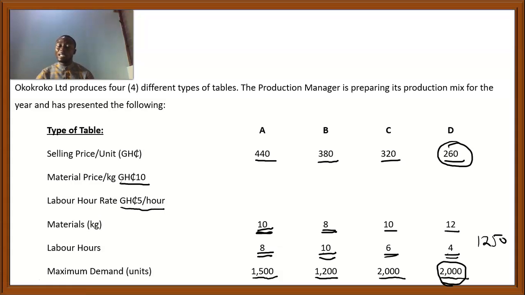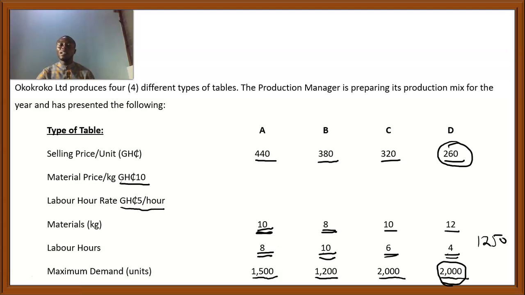That offer should be accepted or not by comparing the selling price to the variable cost. Okay, we have the selling price of table D to be 260. And the supplier is saying he's going to offer a price of 180.